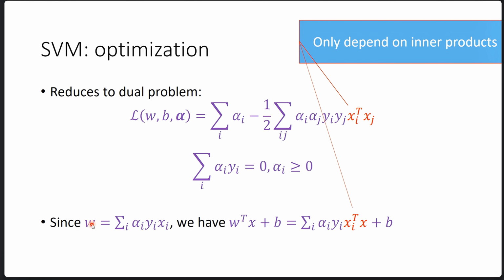So here what we did is we basically wrote W as sigma of alpha y into xi, right? And then the linear classifier equation will become like this: sigma of alpha y into the inner product. Now this inner product will make our lives easier.